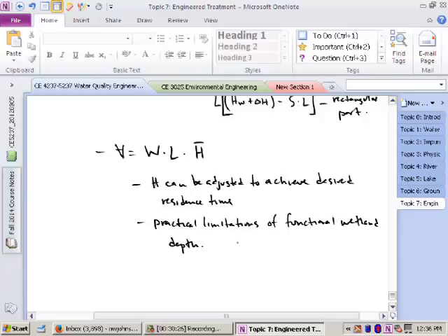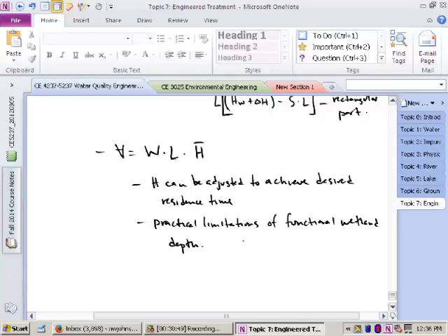So what would happen if you had a higher slope, what would that mean in terms of the volume you were able to achieve with the weir, do you think? Greater? Well, you'd need a greater weir height to get the same amount of volume, right?